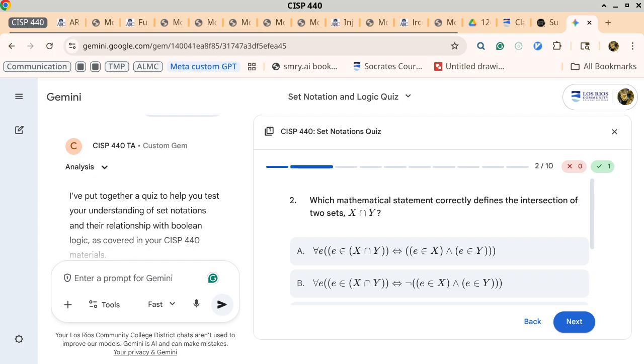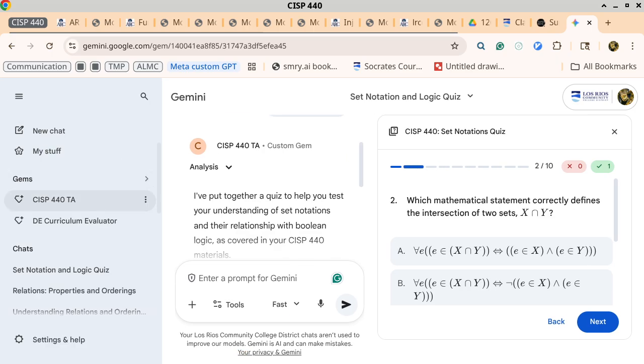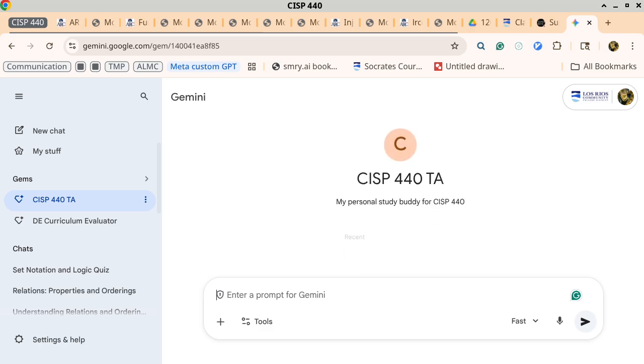So that's how you make a Gemini gem. The cool thing about having a gem like this is, after this conversation, you can have another conversation with the same gem. All you have to do is click on the gem itself, and it starts a whole new conversation with the same knowledge and the same instructions. If you're also in my CISP 310 class, you can do exactly the same thing there.